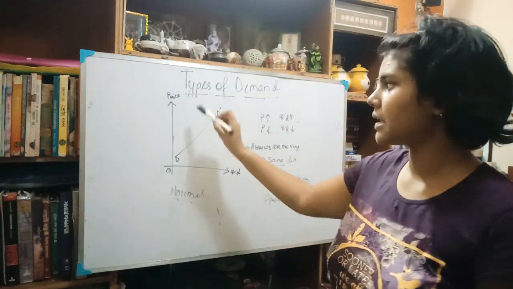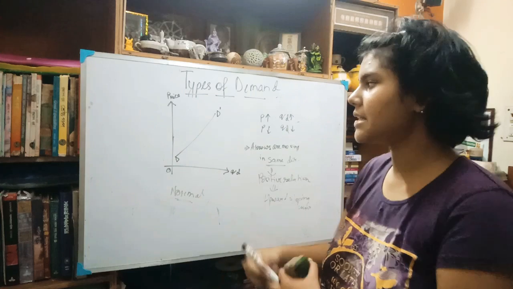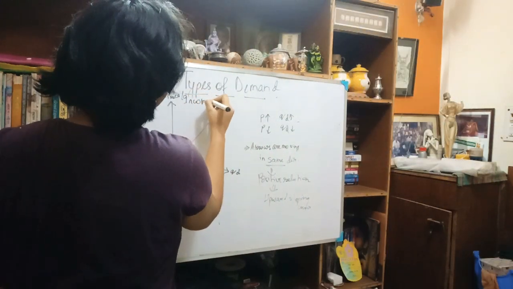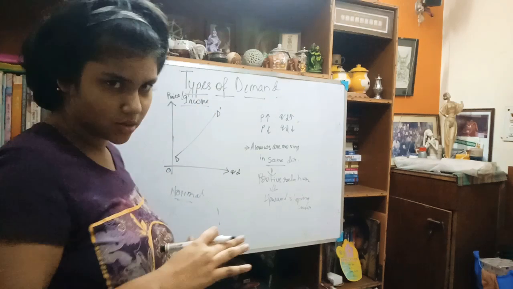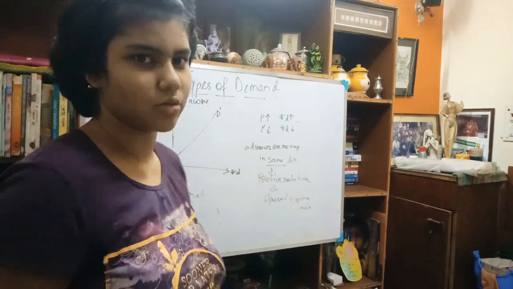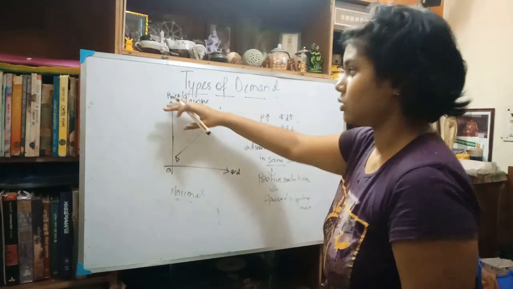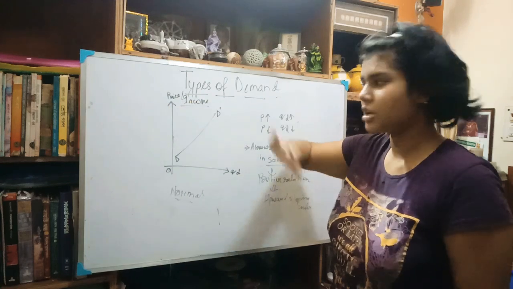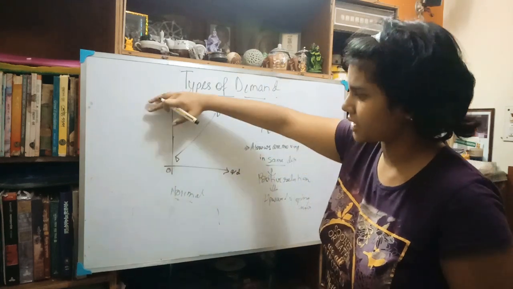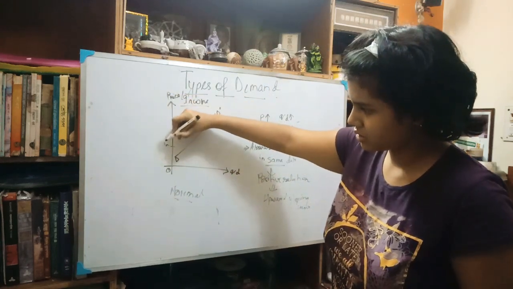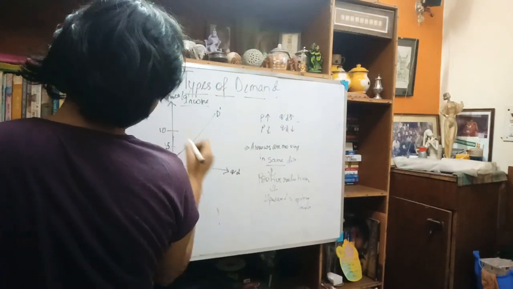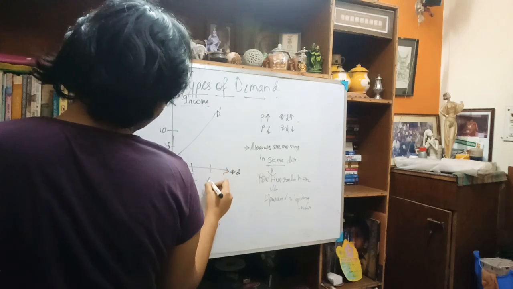So here the price is actually income, but please, I'm writing this only to make you understand. Please do not write this in the graph. You will get a big 0. So only see, this price stands for income here. So when your income is increasing, suppose this is 5, this is 10, this is 2, this is 4.